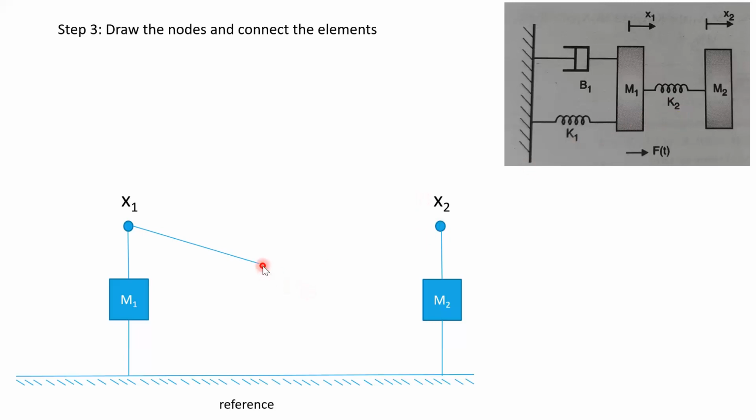If I put the same components on that horizontal line, that will mean that the rest of the components are also connected between x1, x2 and reference. So I do not want to make any mistake here. That's why I am drawing these two components slightly inclined to the original x1. So this is your spring K1.